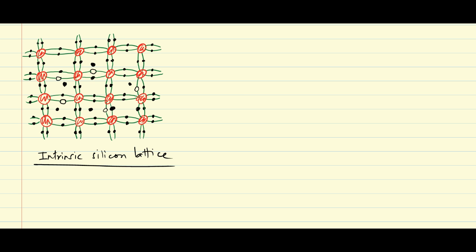Recall that in an intrinsic or a pure silicon crystal, each silicon atom is surrounded by 4 other silicon atoms, and it forms covalent bonds with each of these 4 neighbors. At low temperatures, each covalent bond has 2 valence electrons, like this, or like this, or like this.